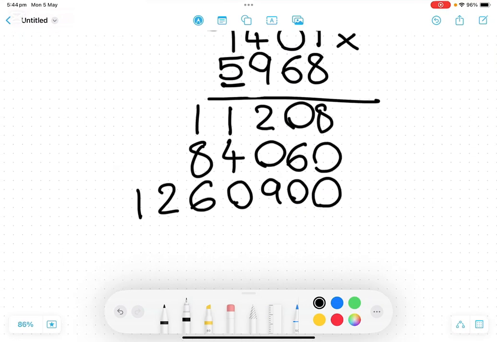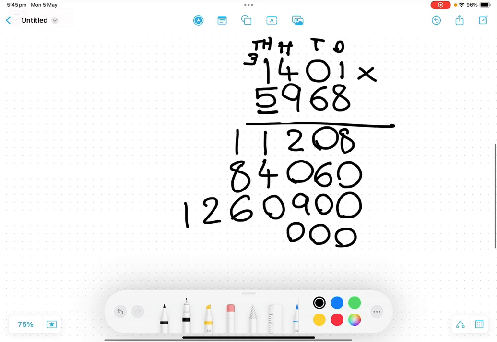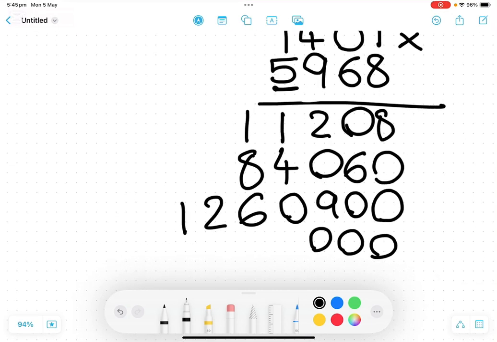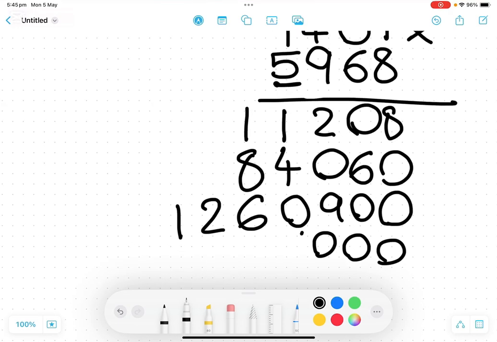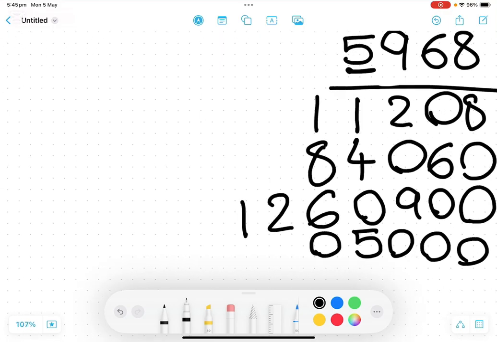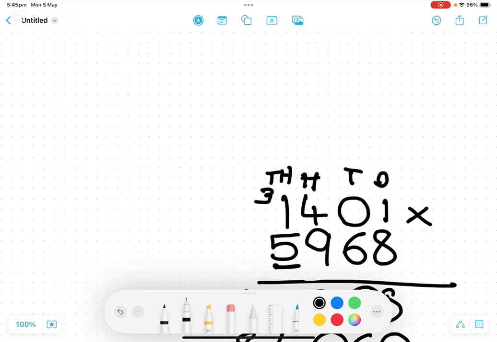Now we're going to do thousands, and I think you caught the gist of it already. 3 zeros this time. So 1, 2, 3. 5 by 1, 5. This one's the easiest bit. So 5 by 1 is 5. 5 by 0 is 0. 5 by 4 is 20, 0. Put on the 2.